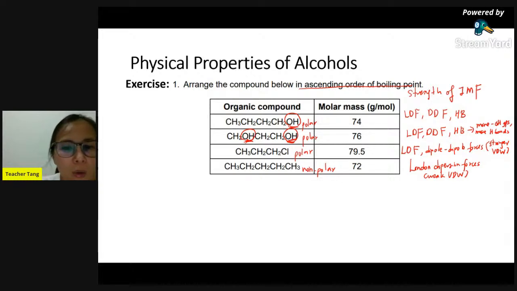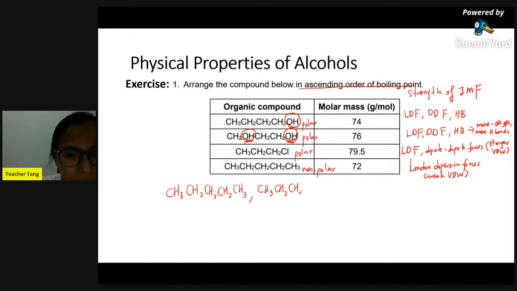So the lowest one will be the alkane. This is pentane, followed by our haloalkane, followed by the alcohol with one hydroxyl group, followed by the alcohol with two hydroxyl groups.